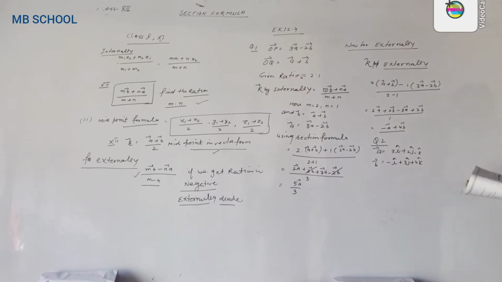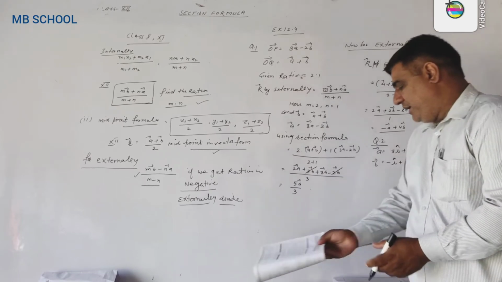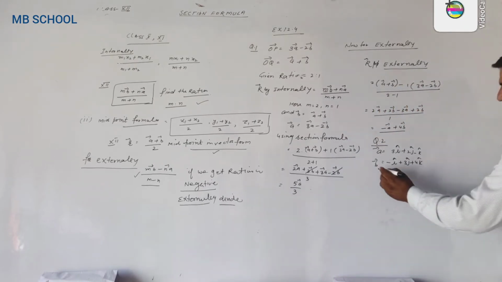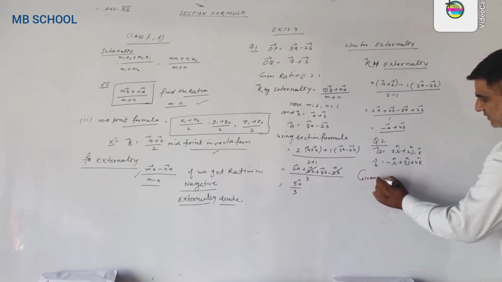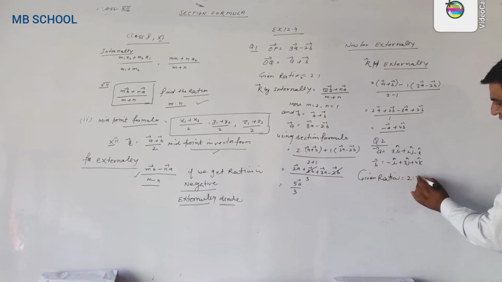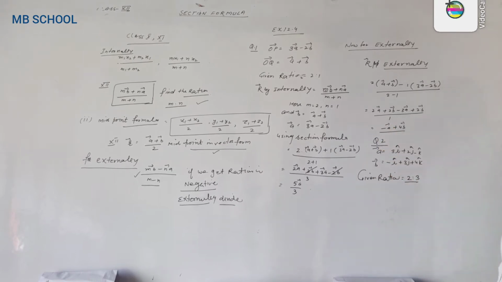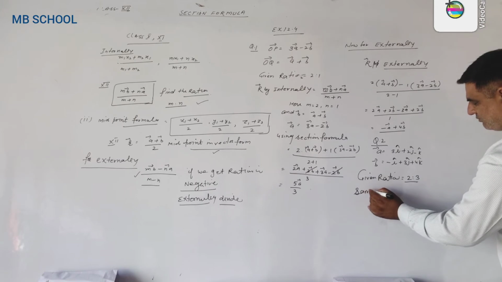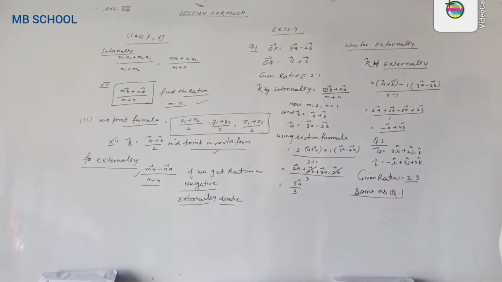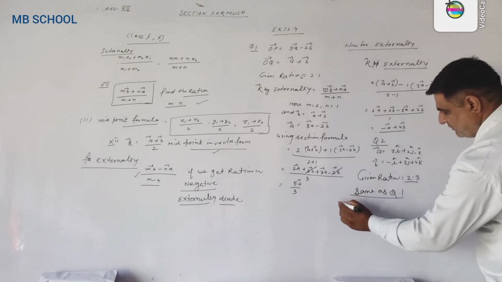We have to find externally and internally in ratio 2:3. So given ratio is 2:3. We have divided these by internally and externally same as question first.